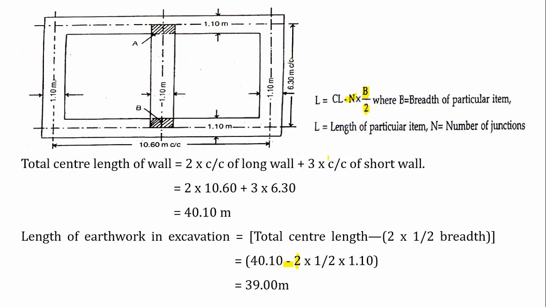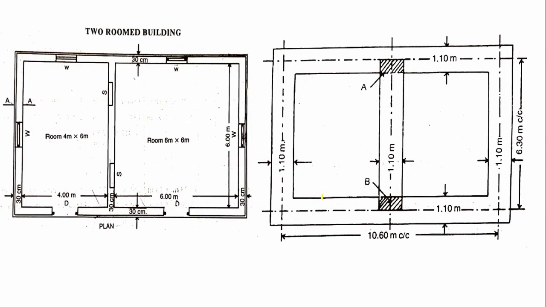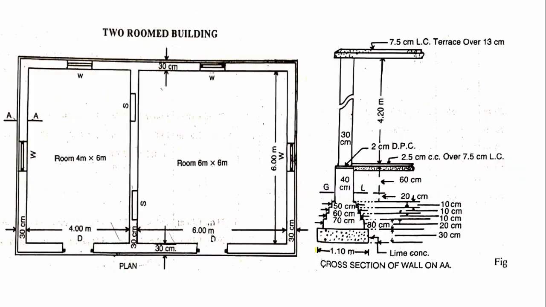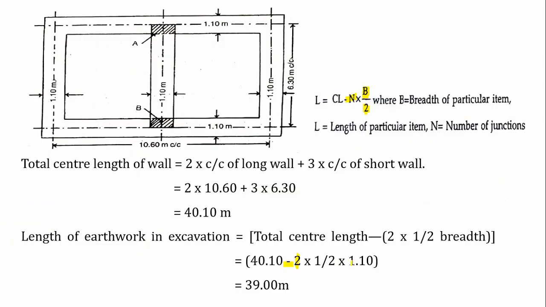So what is the width of the item now? We are calculating excavation, so width is 1.1 meters. So therefore this is 1.1 divided by 2. In this formula itself we have to substitute and calculate the length. If you simplify this, you will get the answer as 39 meters. This is the length for excavation.